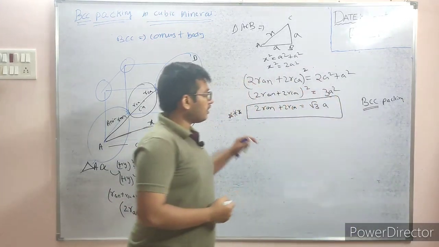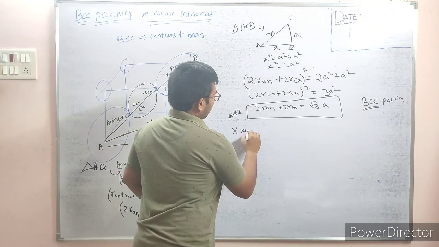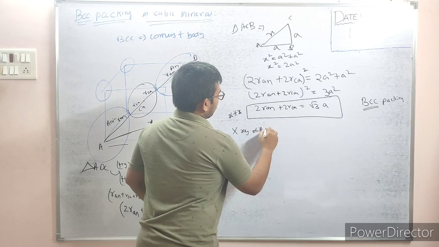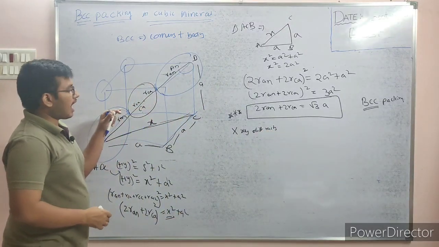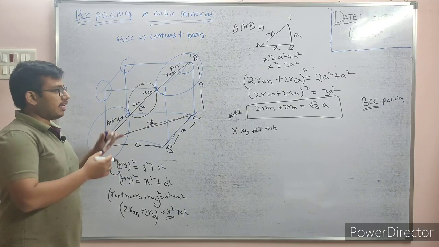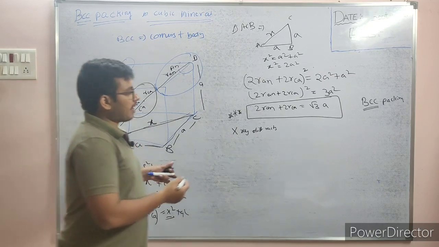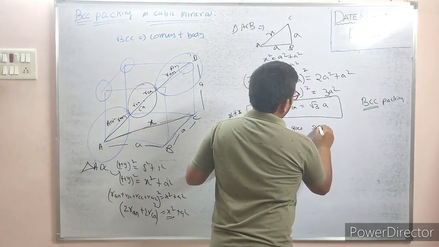Okay, in this actually what happens is that X-ray diffraction peaks होंगे ना, X-ray diffraction peaks in BCC. When BCC crystal is present, X-ray diffraction peaks goes systematic extinctions होंगे. इस packing में X-ray diffraction goes systematic extinction.